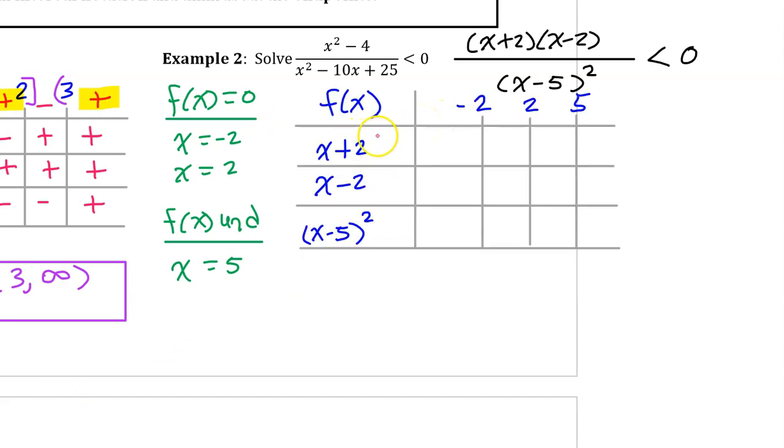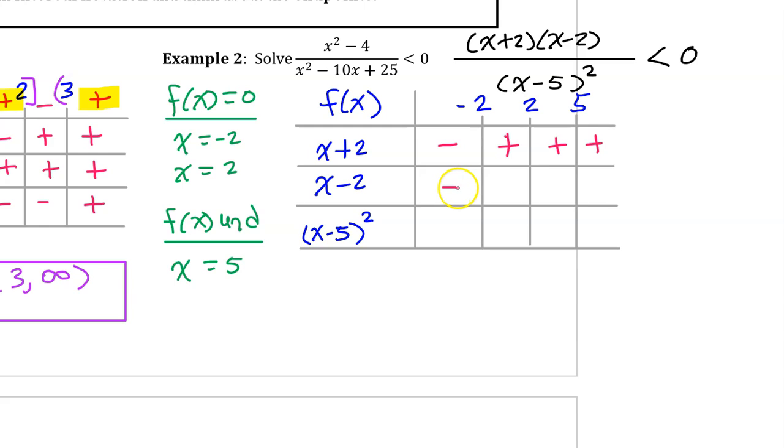Your sign chart should be set up like this. So let's decide whether these factors are positive or negative in each interval. The factor of x plus 2 gave us the 0 of -2. This factor will be negative to the left and positive to the right. X minus 2 gave us a 0 of +2.